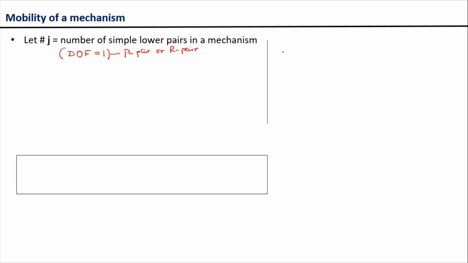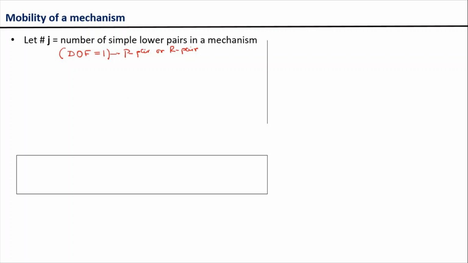Now we know that a prismatic pair, as we saw in the previous sections, allows only 1 degree of freedom, and the same is true for a revolute pair, which also allows only 1 degree of freedom. That means in the case of a prismatic pair or a revolute pair, 2 degrees of freedom are getting arrested if we consider them as part of a planar mechanism.